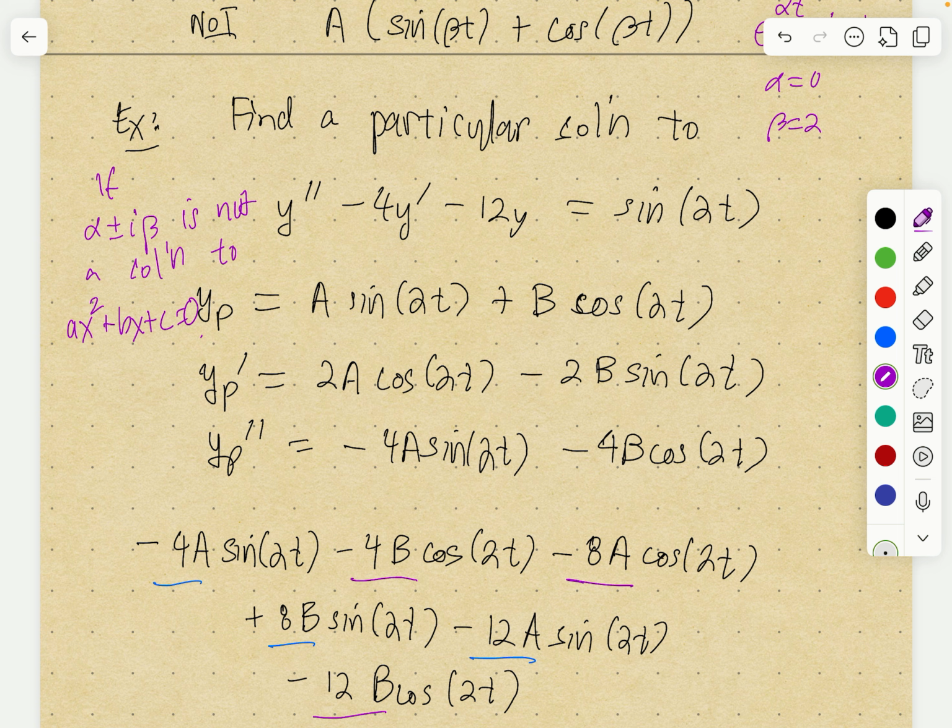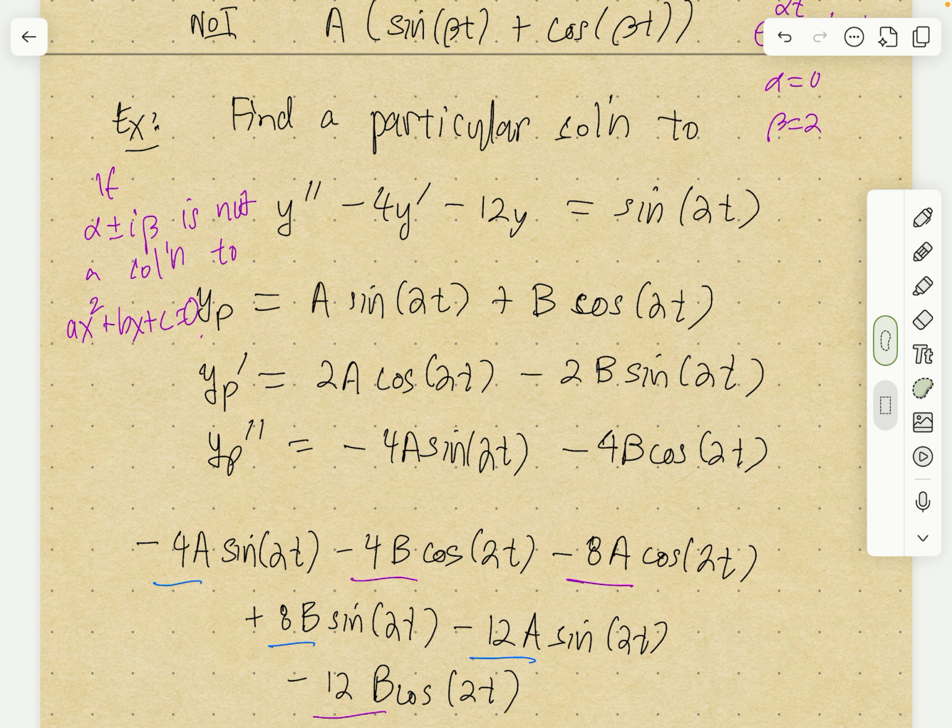And what will happen, you don't even have to do all of this out, because if you try your initial yp, it'll be very clear because you'll get 0 on the left.